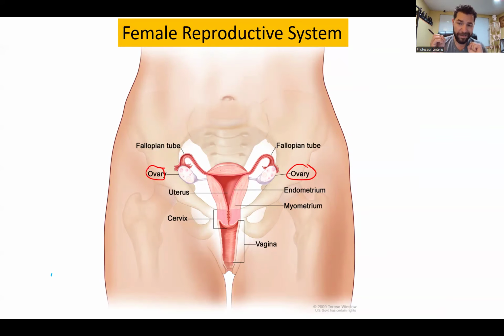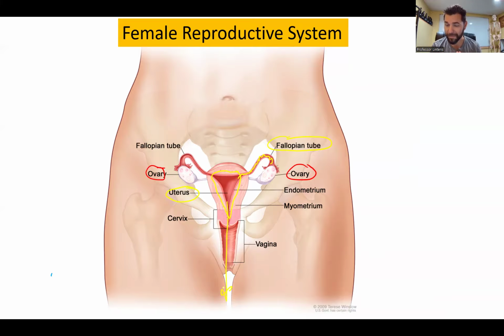Once a month, the secondary oocyte is ovulated. It will go down the fallopian tube and enter the uterus. If no fertilization has occurred, right, this inner layer of the uterus as well as that oocyte will be removed.